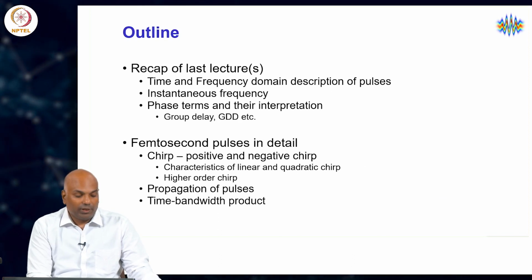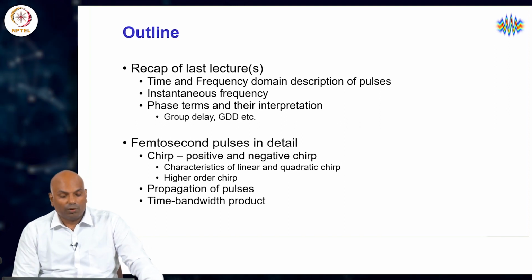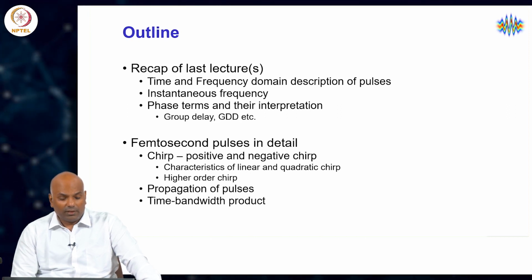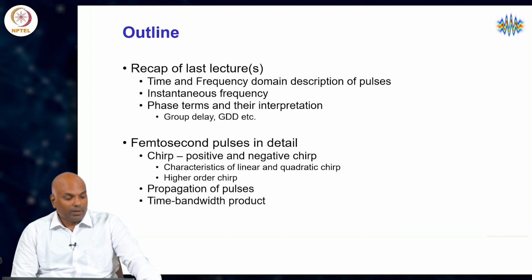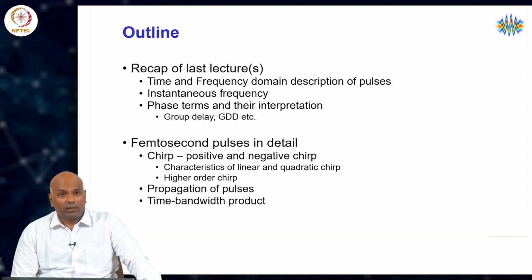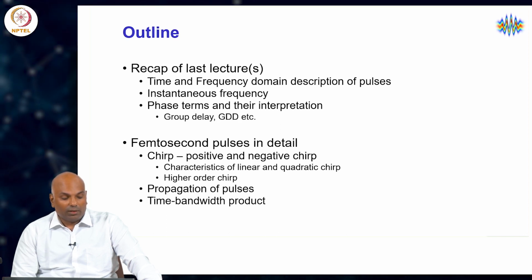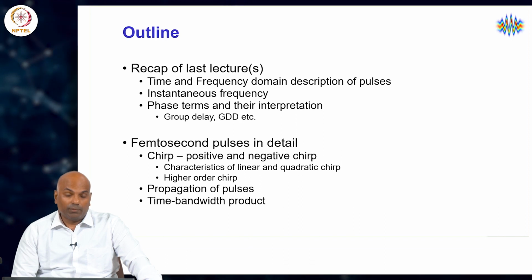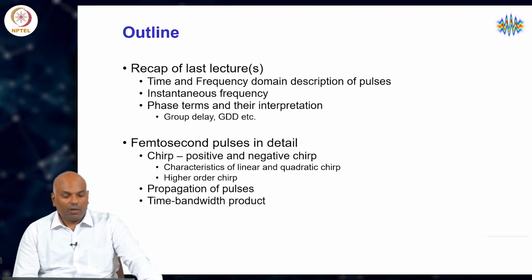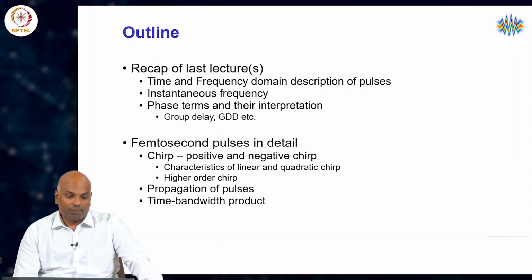So, we will do a quick recap, and we just did it yesterday for this week. So, we do not probably need to dwell too much on it, but we will continue our discussion on chirp, characteristics, linear and quadratic chirp, higher order chirp, then have a quick peek at propagation of pulses and the idea of time bandwidth product and the consequence of chirp and other pulse characteristics on this important little metric, which will lead us on to metrology or measurements of pulses.